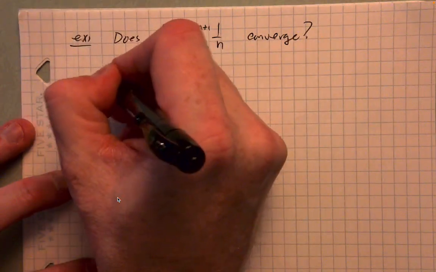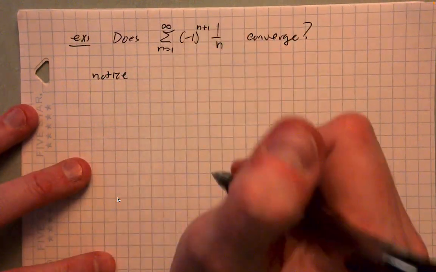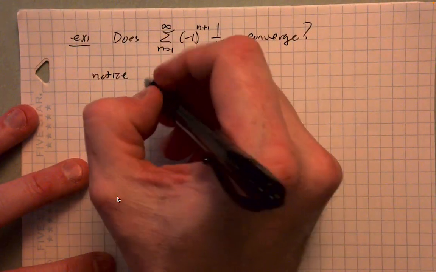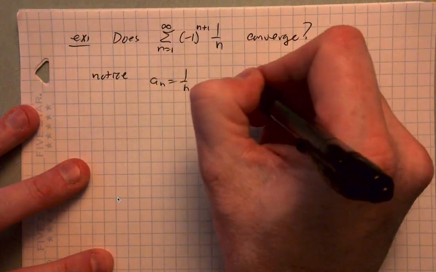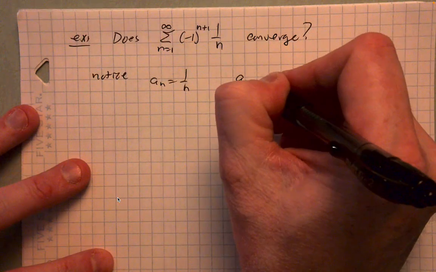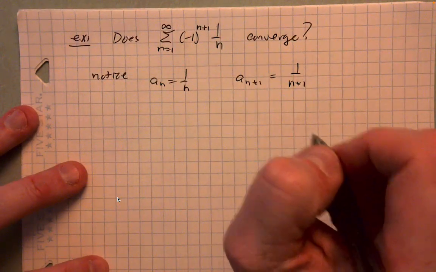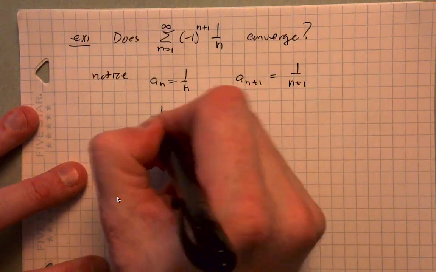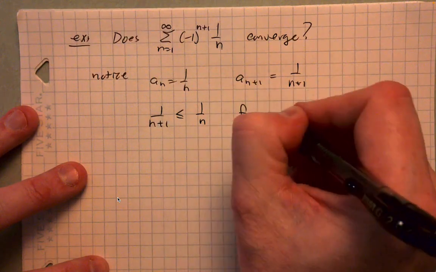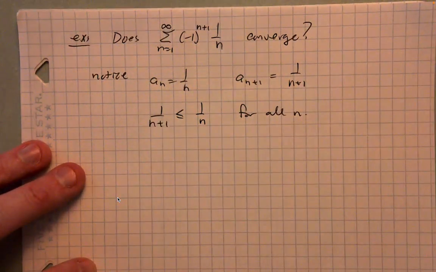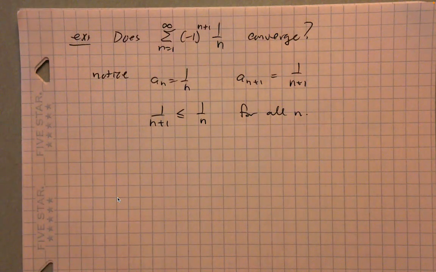Well, notice, this is a p-series. You've got your a of n equals 1 over n, and your a of n plus 1 is equal to 1 over n plus 1. And clearly 1 over n plus 1 is less than or equal to 1 over n for all n, right? That's true. So that means the series is decreasing.